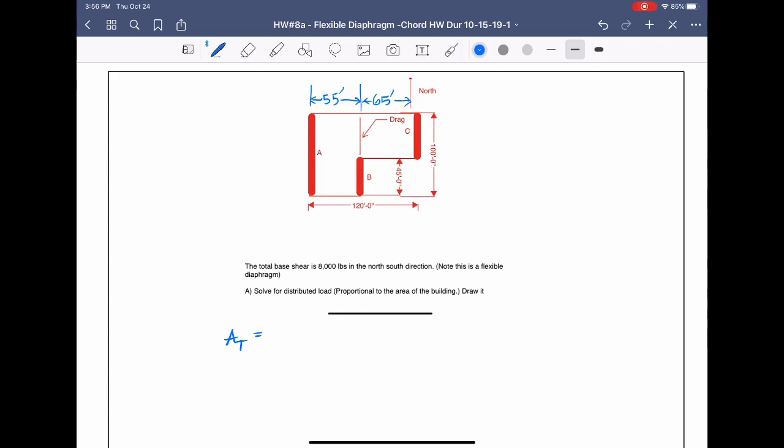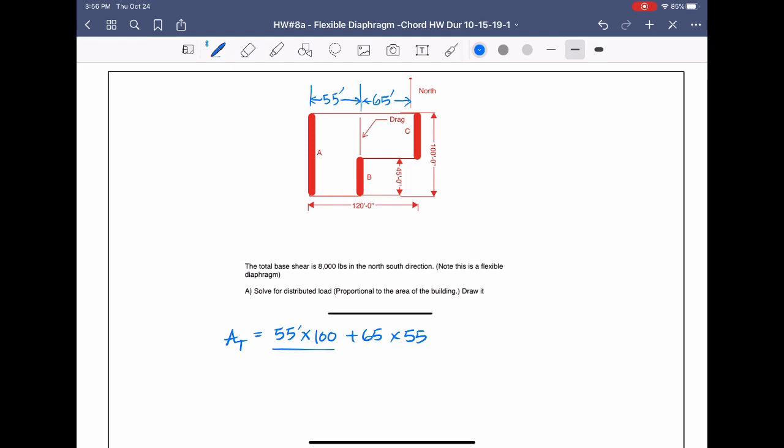All right, so we'll do 55 feet times 100 feet plus 65 feet times, it's going to be 45 minus 100, which then gives you 55 feet.